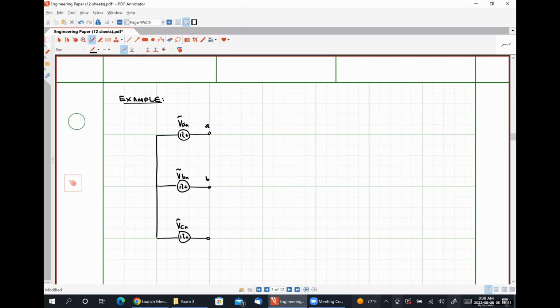I'm going to list this as A, B, and C. We are going to have some transmission line impedance to take into account.